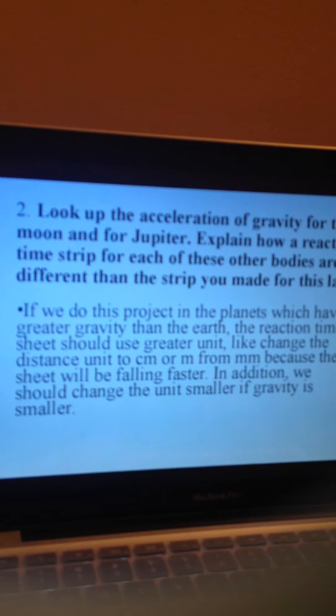If we do this project on planets which have greater gravity than the Earth, the reaction time sheet should use a greater unit, like changing the distance unit from centimeters or meters to millimeters or centimeters, because the sheet will be falling faster. In addition, we should change the unit smaller if the gravity is smaller.